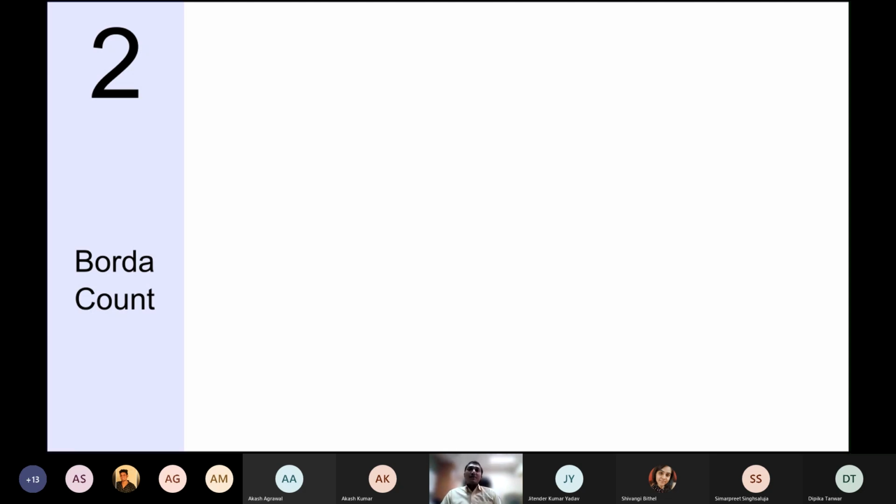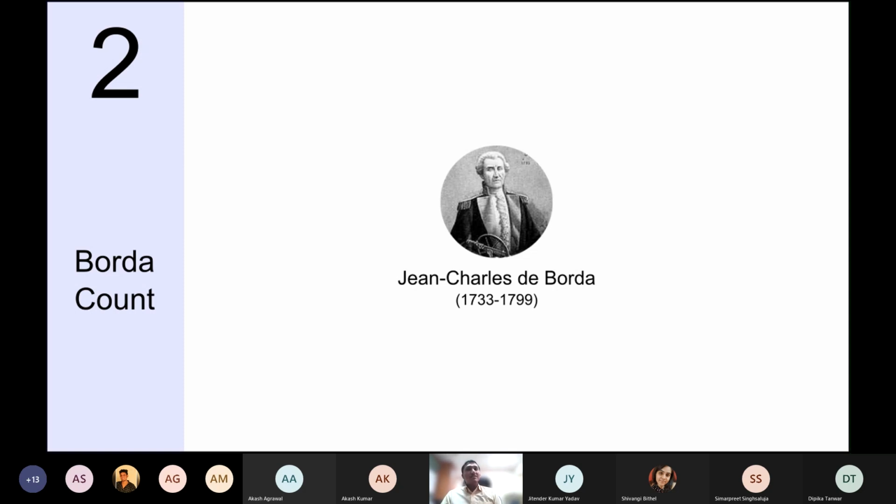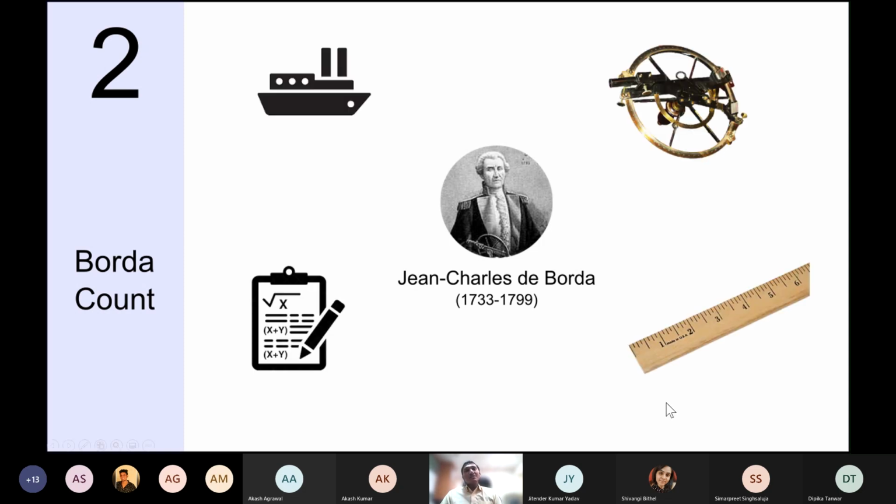This rule was proposed by Jean-Charles de Borda, who lived in the 18th century, and he's someone who wore many hats. He was a mathematician, a naval officer, and he was obsessed with developing measuring instruments. He developed new instruments and refined existing instruments for making measurements, like measuring angles and lengths.